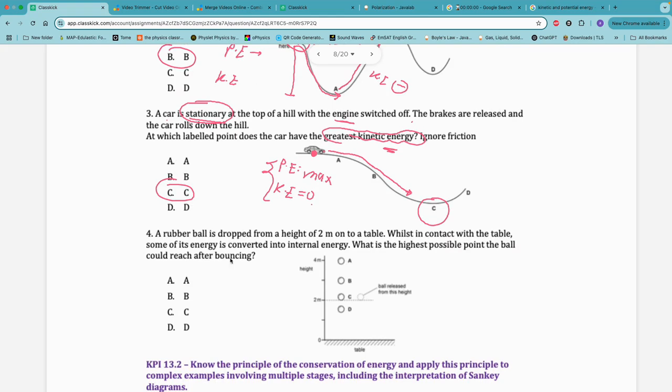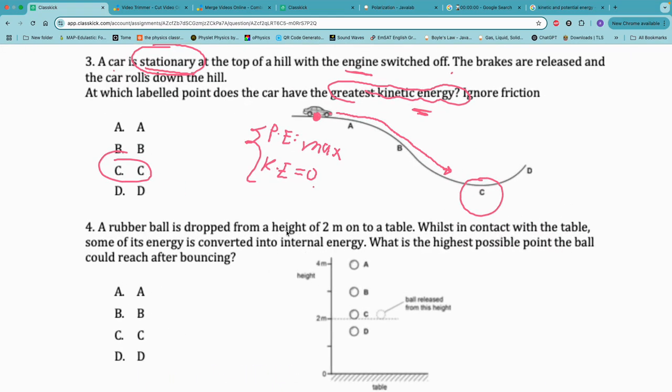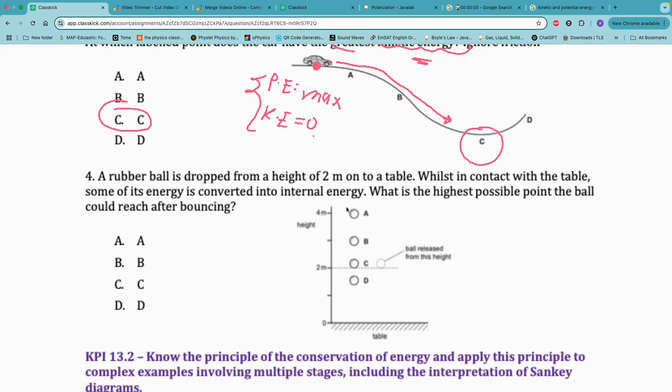Going to the next point, which is here, this shows changes of position, and automatically when position or height changes, potential energy changes. Consequently, kinetic energy is going to be changed. So a rubber ball is dropped from a height of 2. This is the maximum height, and some of its energy is converted to internal energy.